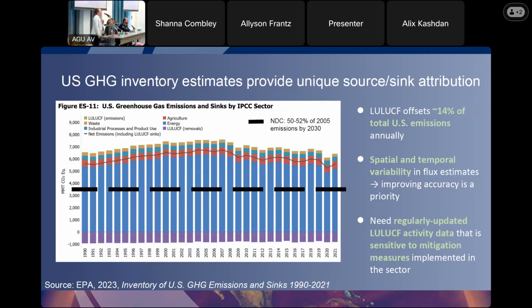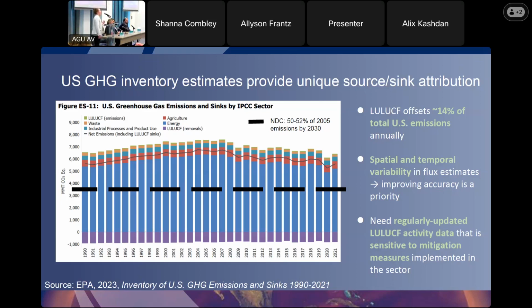This graph shows US emissions across the entire time series reported to the UN. You'll see that the land use, land-use change and forestry (LULUCF) sector offsets about 14% of total US emissions annually. This amount changes across space and time. It's very variable because these are natural emissions and removals.